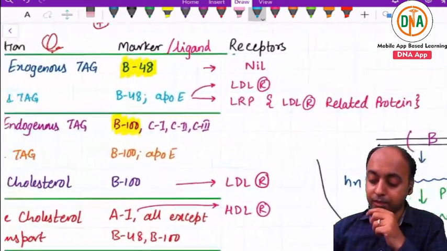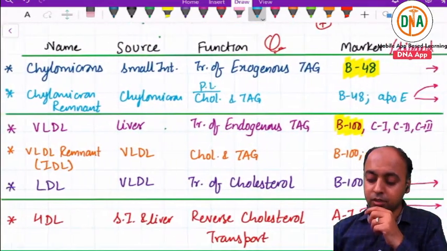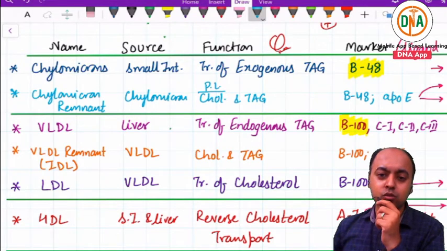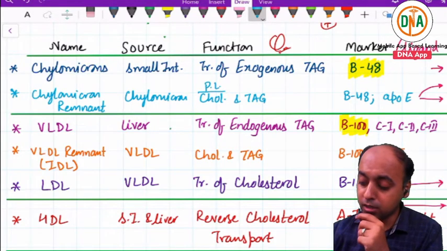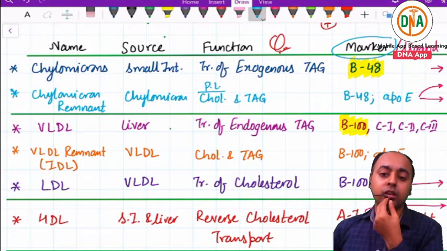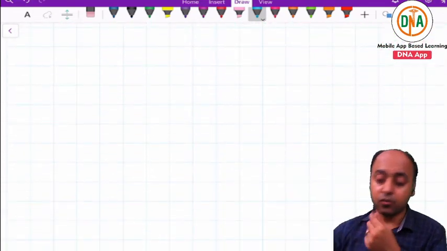Okay, let's come back to this table. We have seen the different lipoproteins. Now I'd also like to talk a little bit about the protein part, the apolipoprotein. We'll quickly talk about the apolipoprotein part. They have several important functions.